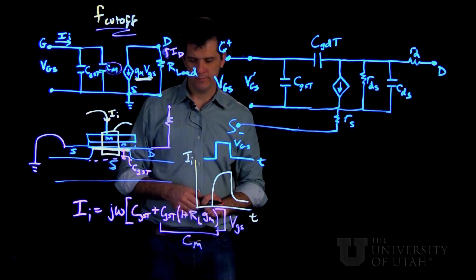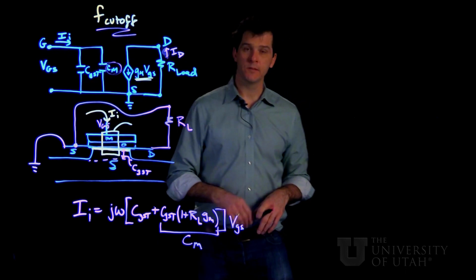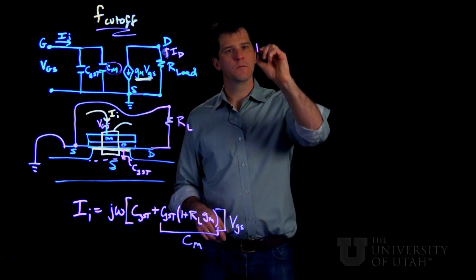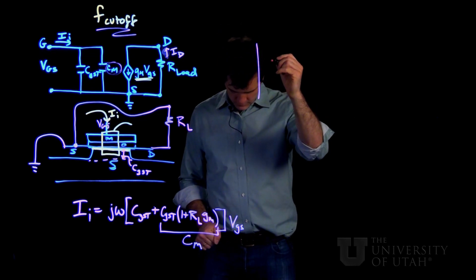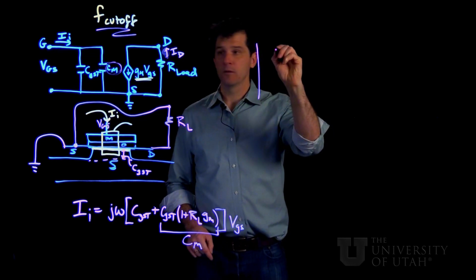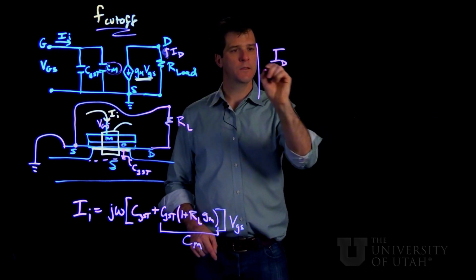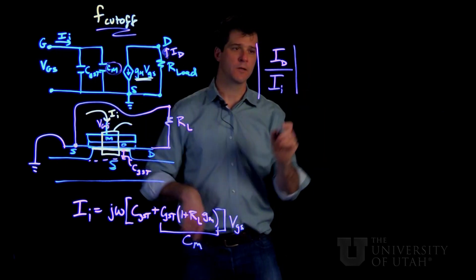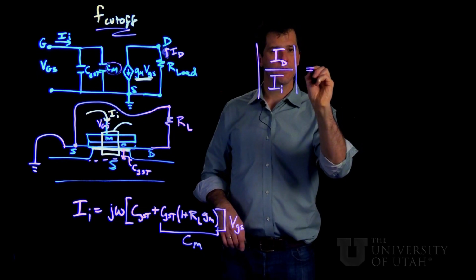So let's look at that mathematically in a second. So we need to construct the expression for the current gain. So this is the I drain over the input current, which is going into charging up the gate.